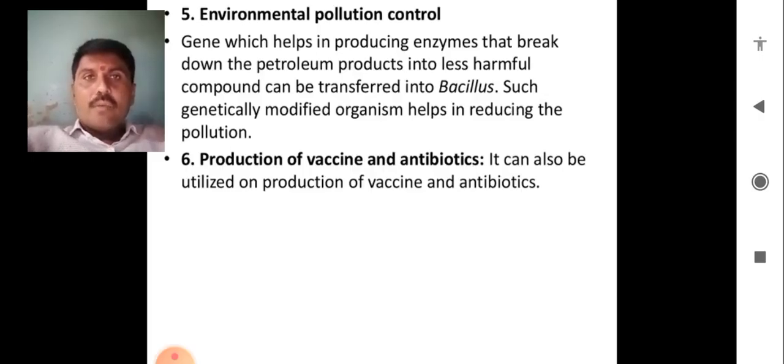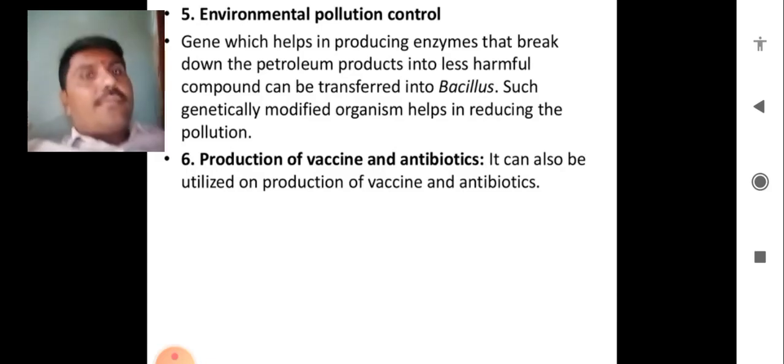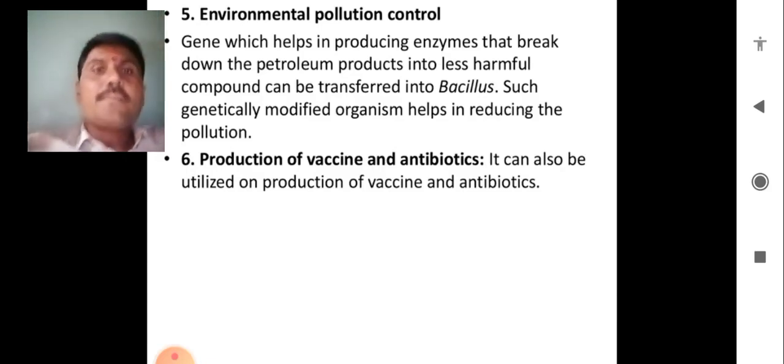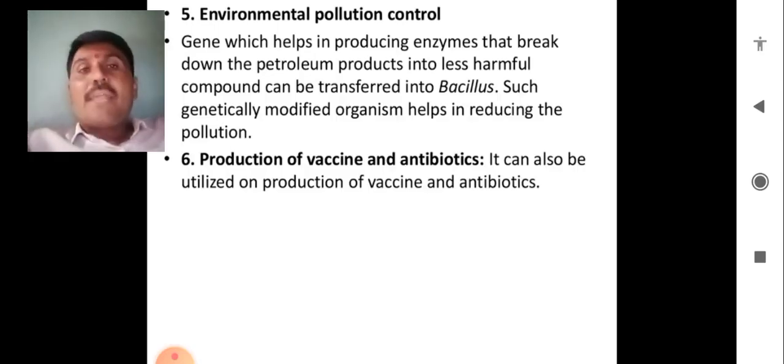Nowadays, I think in the last year, there was an invention of bacteria which consume plastics. This research was supported by the Department of Botany, Pune University. The bacteria consume the plastics and the polymer present in them.